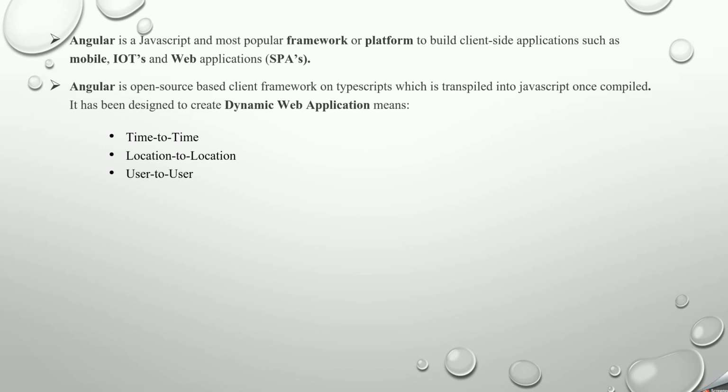So let's take the example of your cricket score. If you consider the many sites we have, the score gets updated at short intervals, and the scoreboard also gets changed. This is one example of time to time. And location to location is nothing but your weather report website.